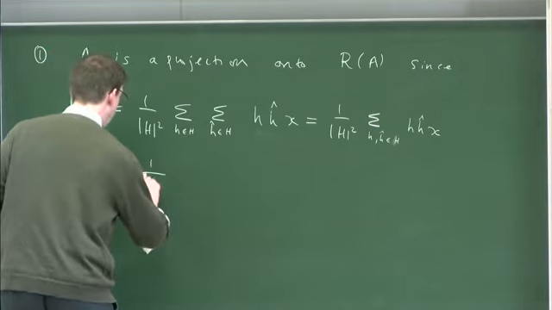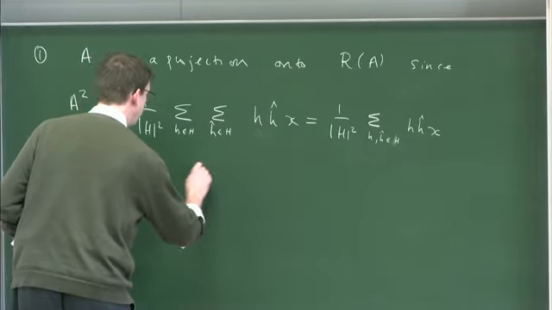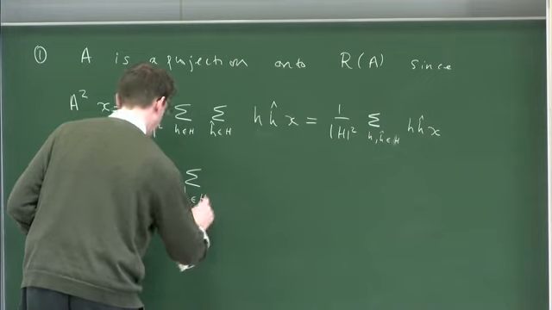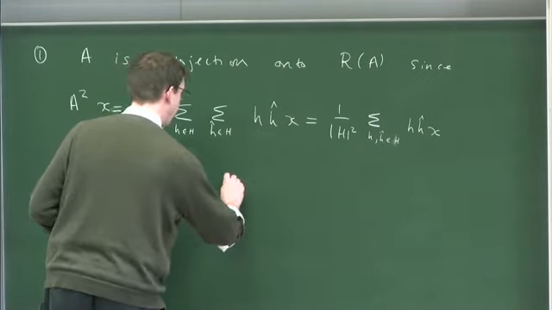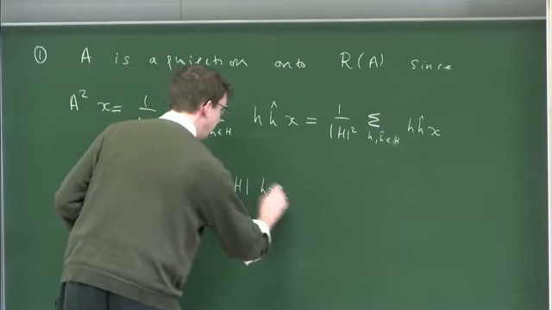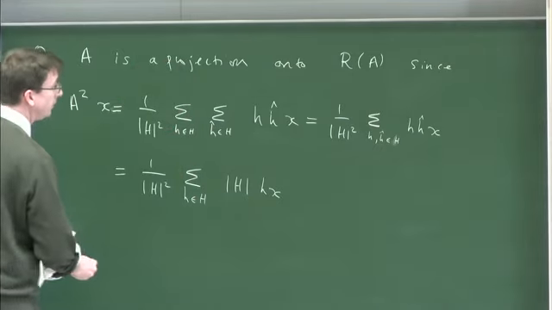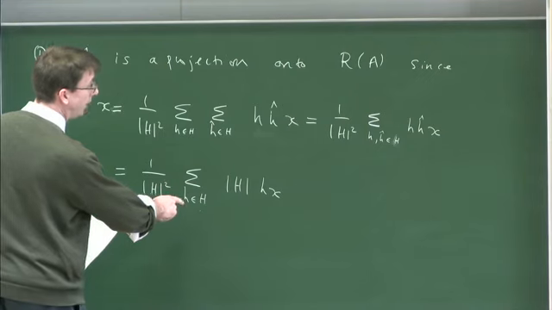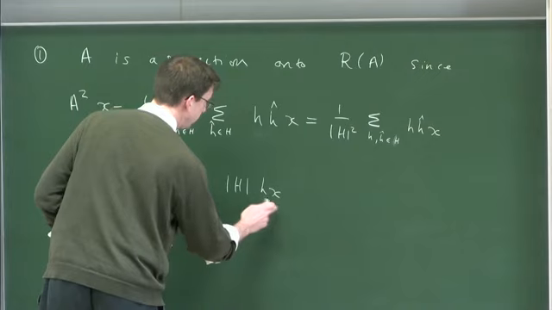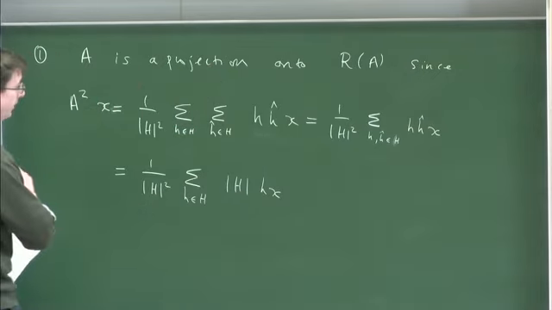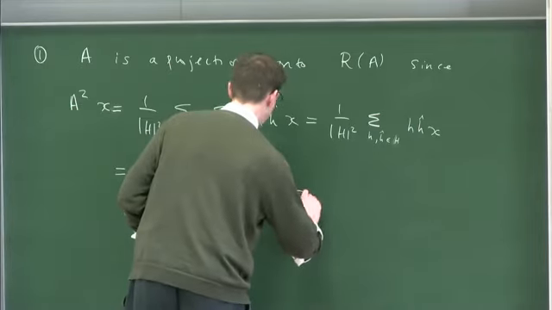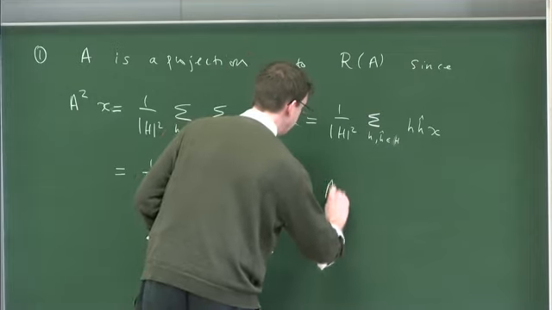So this is 1 over mod H squared times the sum of elements h hat h, times mod H times hx, as it were. As I sum over all the h hats, I get a set of these images back again in some different order, and I've just counted each one mod H times. So that gives me something that is just A acting on it.